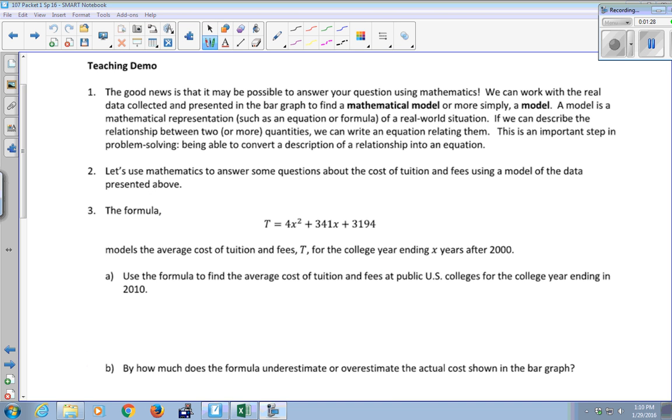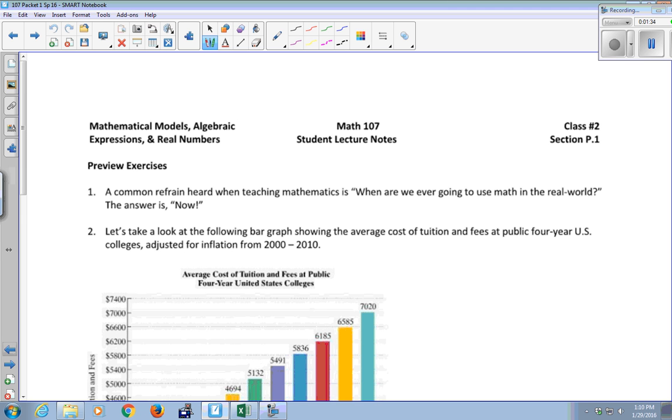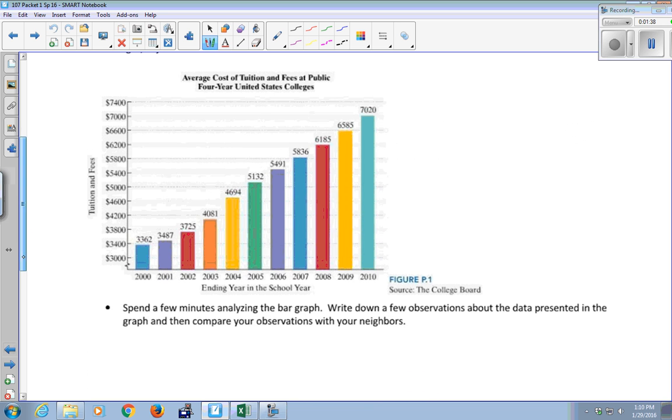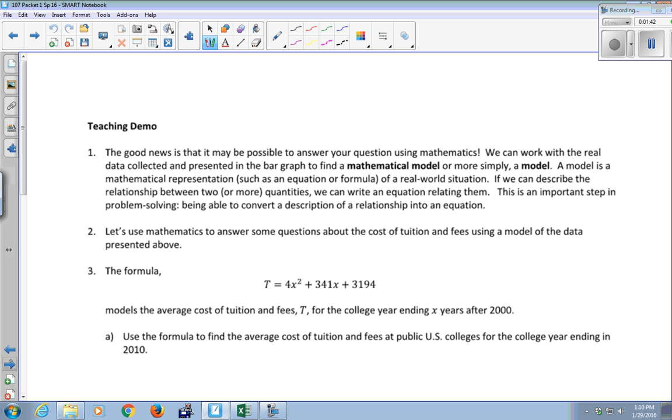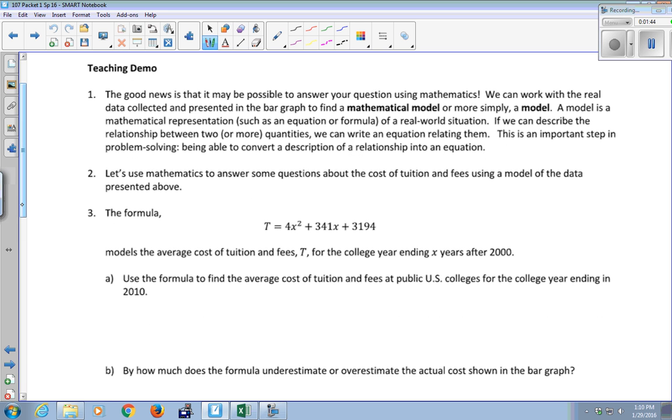Okay, so we were looking at some data about the cost of tuition and fees at public 4-year U.S. colleges. And you might have some observations and some questions. So the good news is that it may be possible to answer your questions using mathematics.